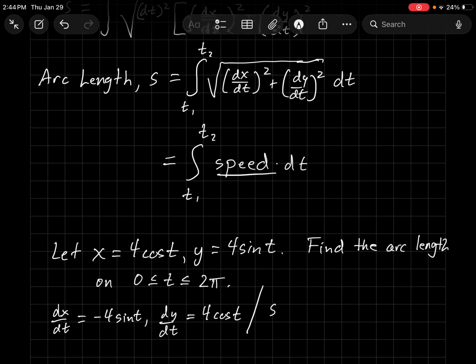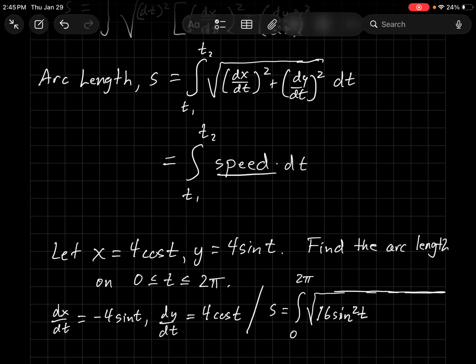And then my arc length is the integral from 0 to 2 pi of the square root of dx dt squared, which will give me 16 sine squared, plus dy dt squared, so 16 cosine squared, and then dt.